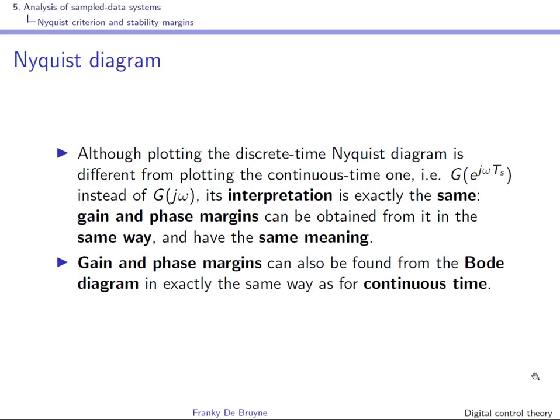Although plotting a Nyquist diagram or a Bode diagram in discrete time is more complicated because we lose the fact that the transfer function is rational in j omega, and we have a relation that becomes like this, the interpretation of the Nyquist diagram and the Bode diagram is exactly the same in terms of the gain and phase margins, and these have exactly the same meaning as in continuous time.